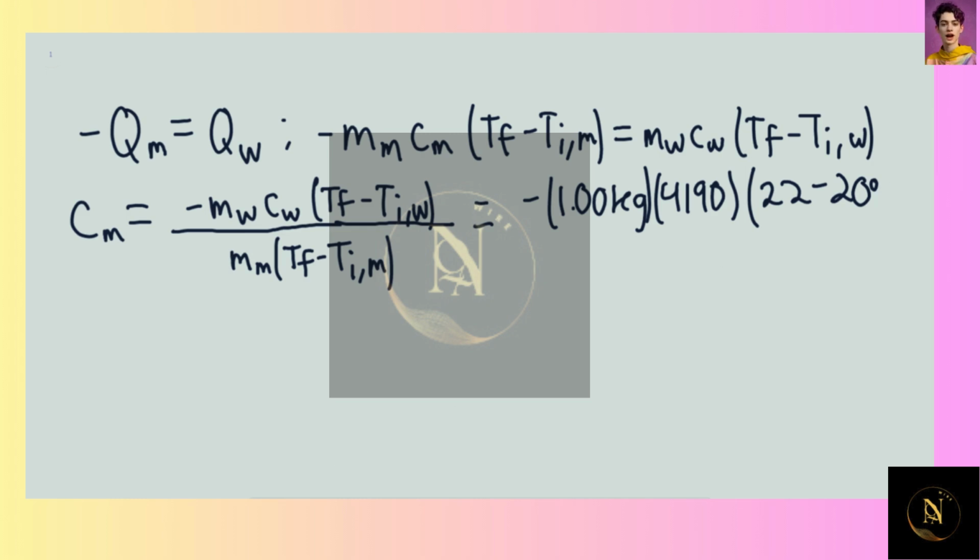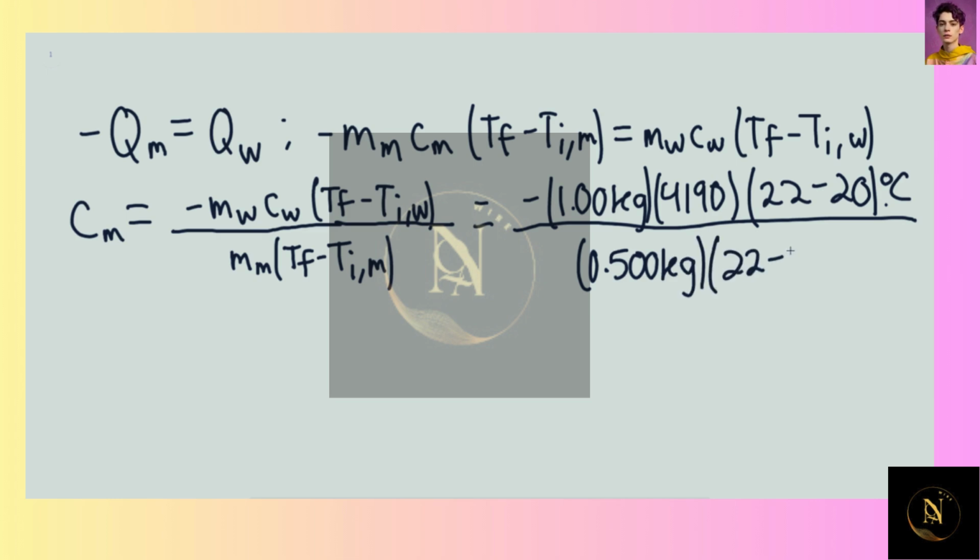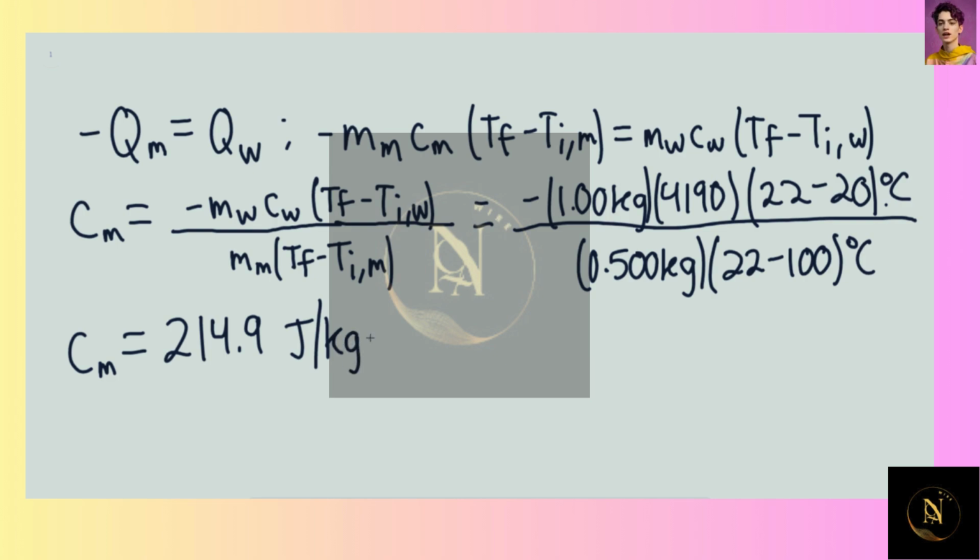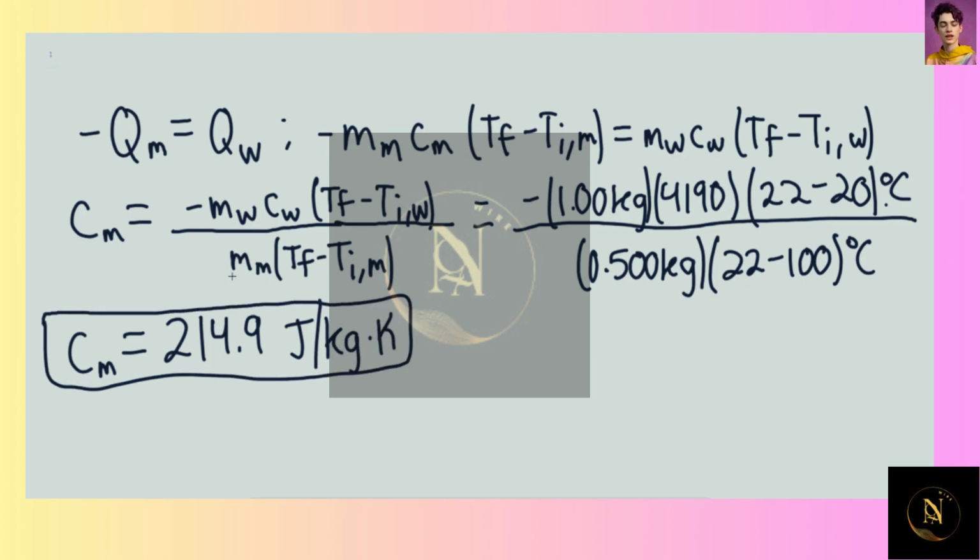And then this is going to be divided by the mass of the metal, 0.500 kilograms, times 22 minus 100 degrees Celsius. So we find that the specific heat of the metal is going to be equal to 214.9 joules per kilogram per Kelvin. So this would be your answer for part A.